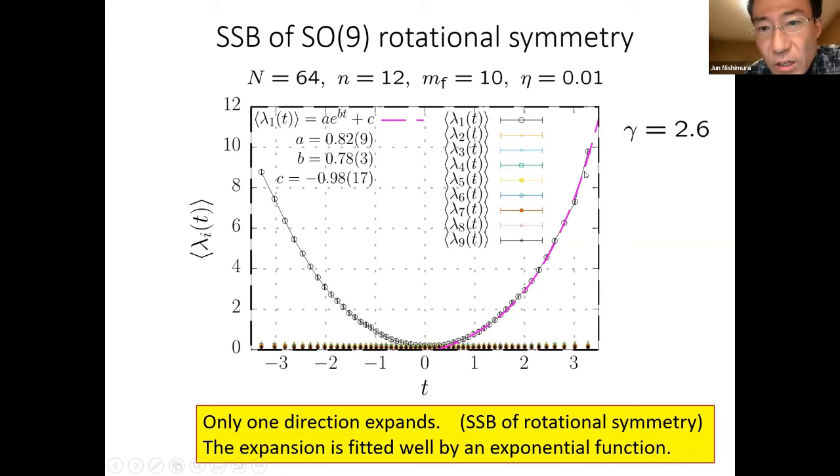You find that only one of the eigenvalues becomes large, but all the other 8 eigenvalues remain small. So this implies that only one direction expands. And in particular, it implies SSB of rotational symmetry.